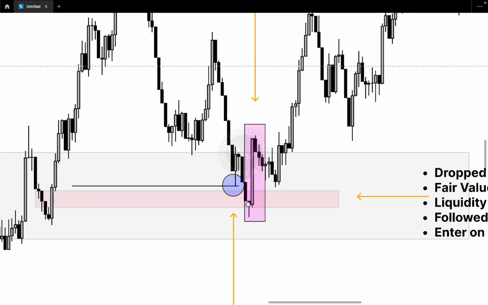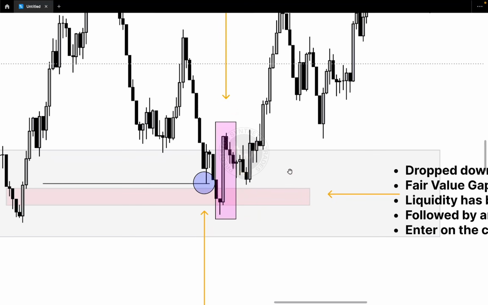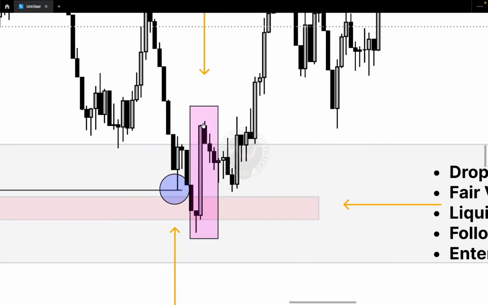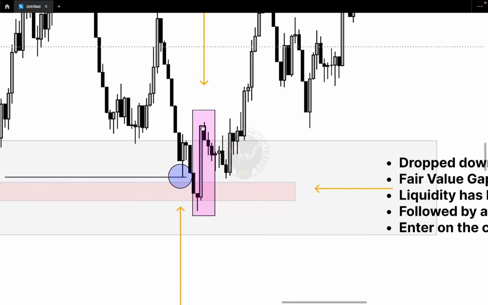Did that candle engulf this candle? No. Did this candle break and engulf the candle that broke the liquidity? Yes, it did. So now you can enter right there at the top of the close of this candle, or you can wait for a retracement to at least 50% and enter there for extra confirmation.